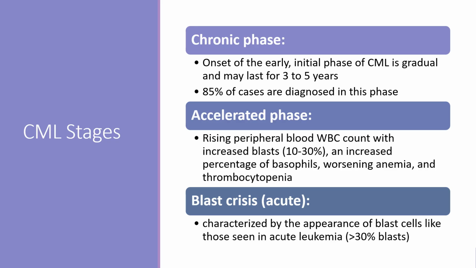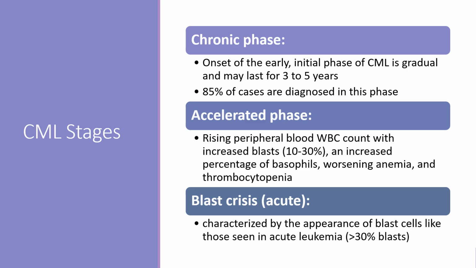We will see an increased percentage of basophils, more severe or worsening anemia, and thrombocytopenia. And the accelerated phase can last for a varying degree of time. Usually it's much, much shorter than the chronic phase. And then it will move into what we call an acute phase or a blast crisis.